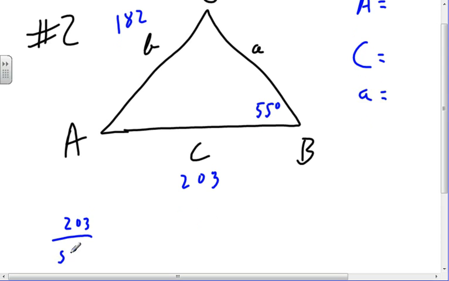203 divided by the sine of C is 182 divided by the sine of 55.